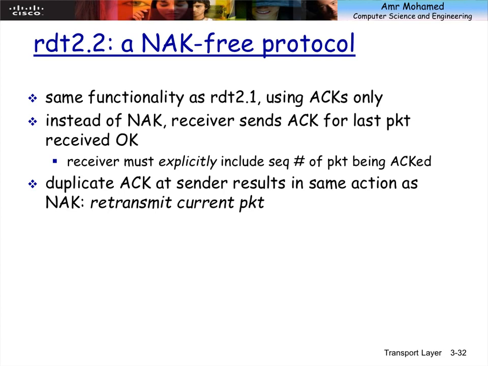So let's see how this happens. Instead of sending negative acknowledgement, the receiver sends acknowledgement for the last packet. If I receive a packet and there's something wrong with it, instead of sending negative acknowledgement, we send the acknowledgement of the previous one. So this technically means what?